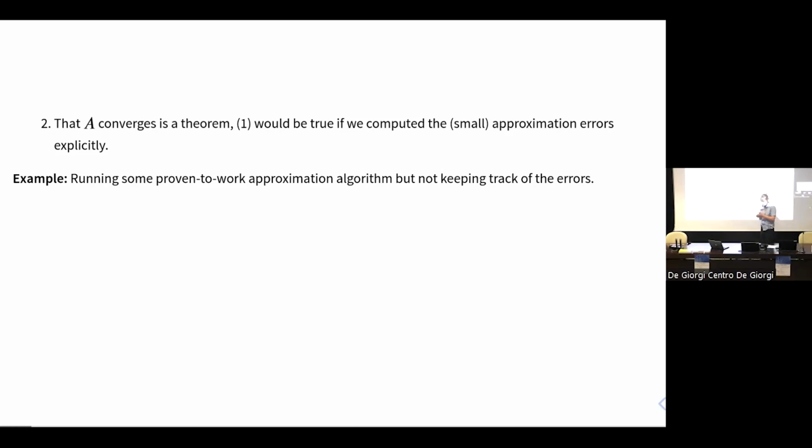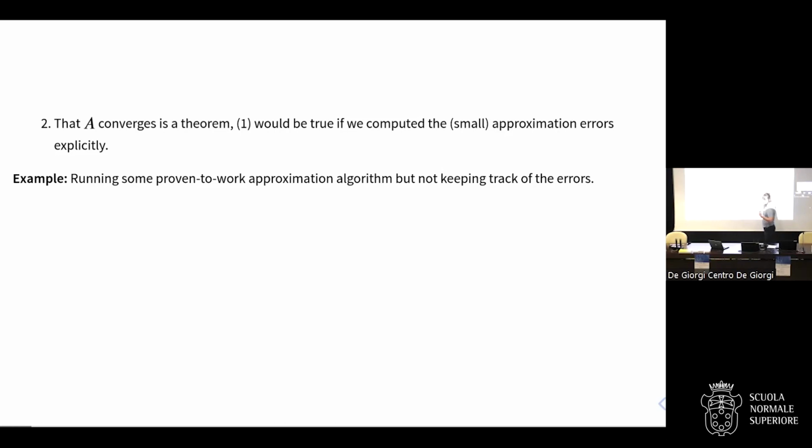You have some theorem saying that your finite difference method or whatever converges as you send your step size to 0. If you want to say that your solution is in a certain region of phase space, you make your time step very small, and you see that it's in this region of phase space, and you say, okay, that's good enough.